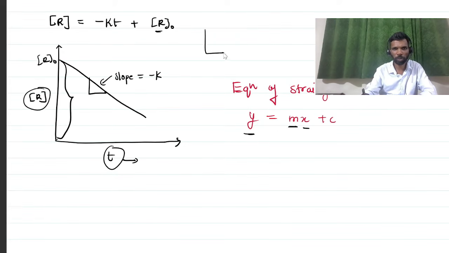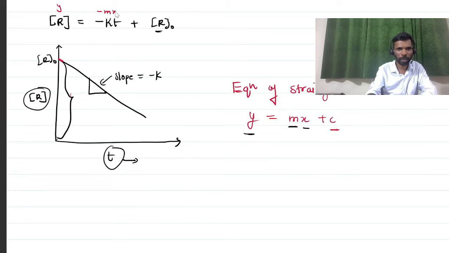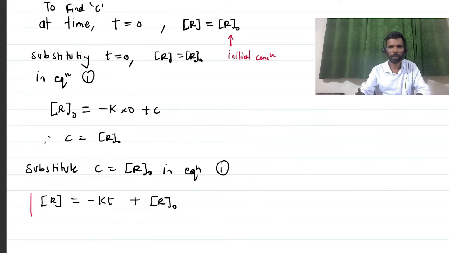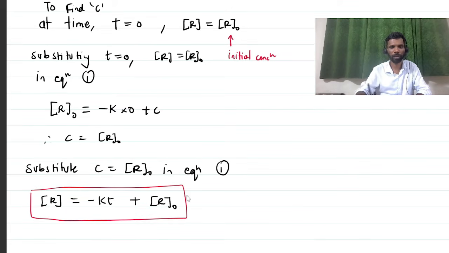If it were positive, the graph would have gone the other way. And c is the y-intercept, which cuts the y-axis, and here it is R0. This is how we can understand it. Only the equation was asked for the integrated rate law expression.